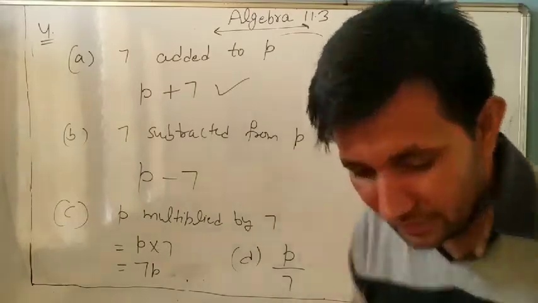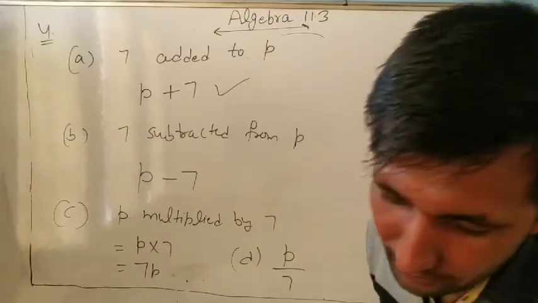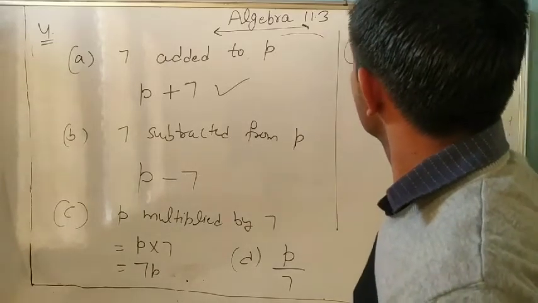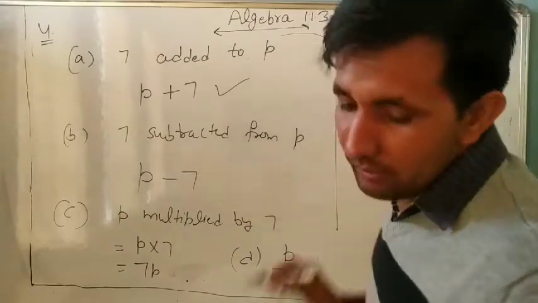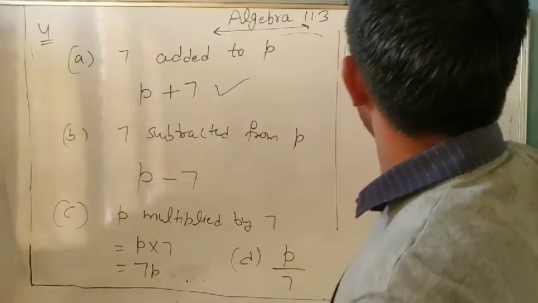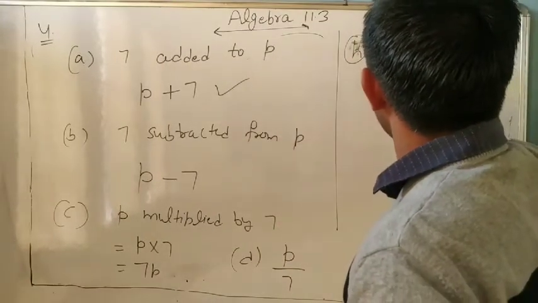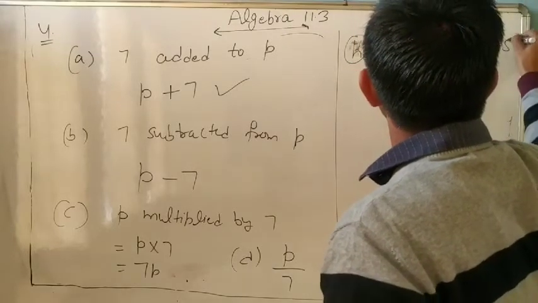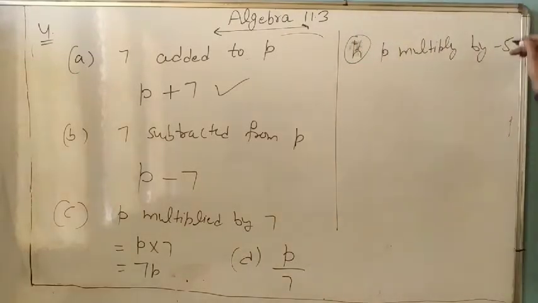Only the last part I am explaining. This one is the H part. What is given in H? P multiply by minus 5. Not 5, minus 5.